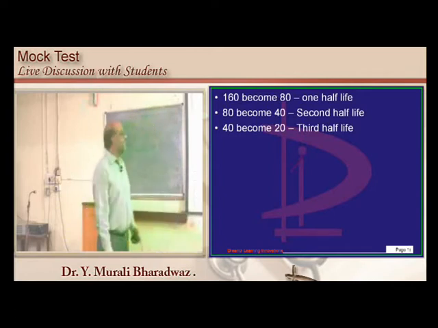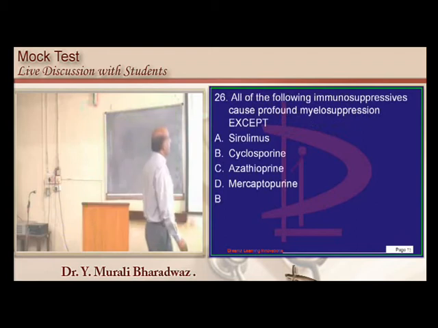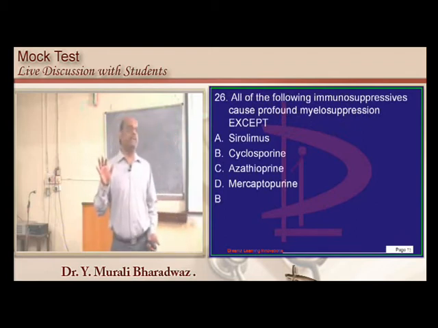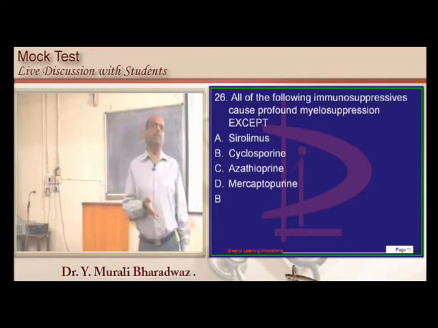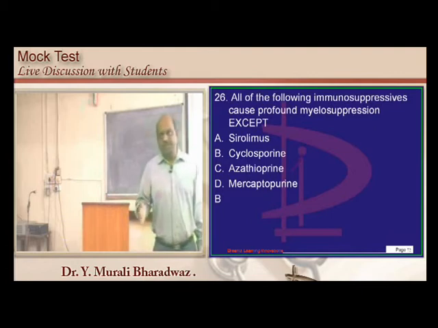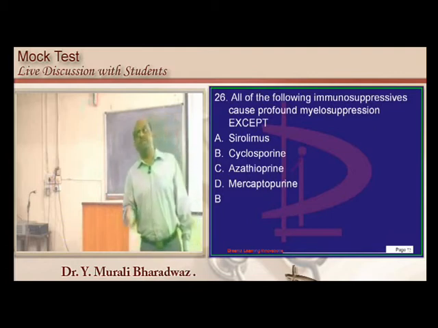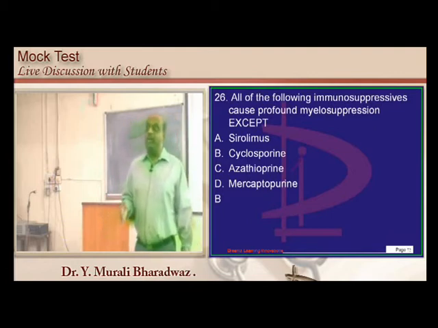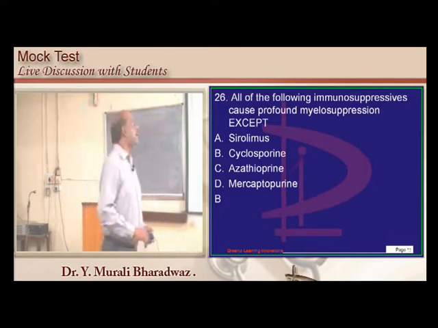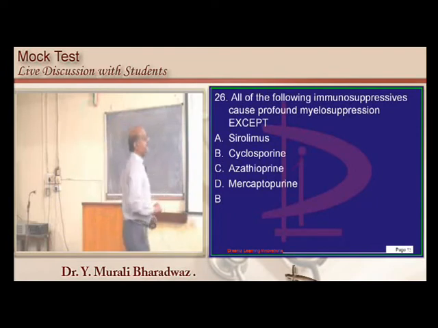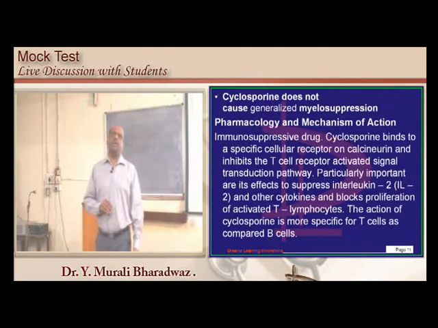Fundamentally, most of the immunosuppressives are known to lead to myelosuppression. So if you start an immunosuppressive agent, you have to give them GCSF, GMCSF, regular blood transfusions, everything you have to support them, because they lead to bone marrow suppression. But cyclosporine is an exception, is what we need to remember. Cyclosporine belongs to which group, doctor?